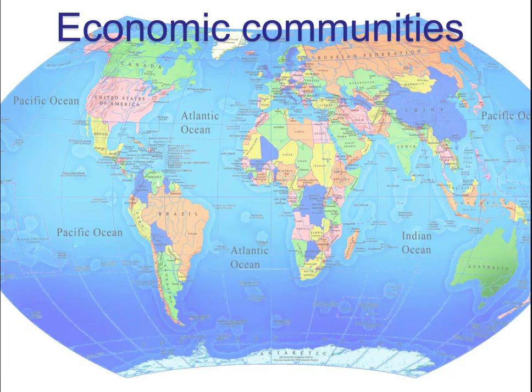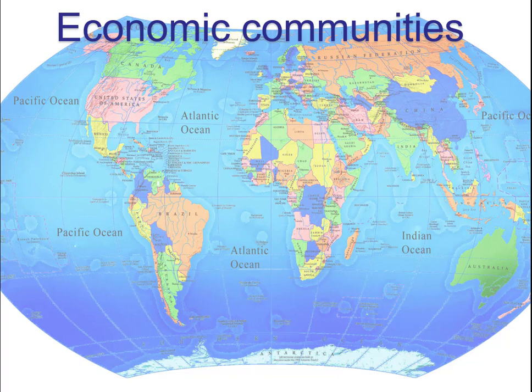I wanted to introduce you to the term of economic communities. An economic community is an organization of nations that are formed to promote the free movement of resources and products among that community's members and to create common economic policies.